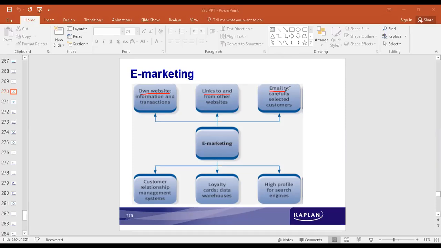Having customer relationship management systems built in, wherein in their system they would have the details about the customers, and therefore they can understand the customized expectations of the customers, cater to them, and then provide whatever services.